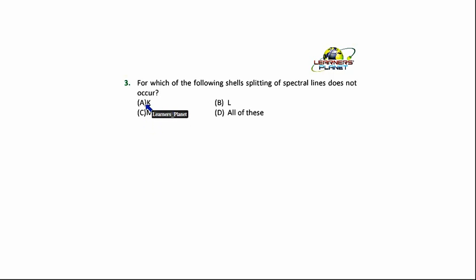For which of the following shells does splitting of spectral lines not occur? For the K shell, n is equal to 1. For n is equal to 1, L is equal to 0, that is s orbit, and there is only one orbit here.